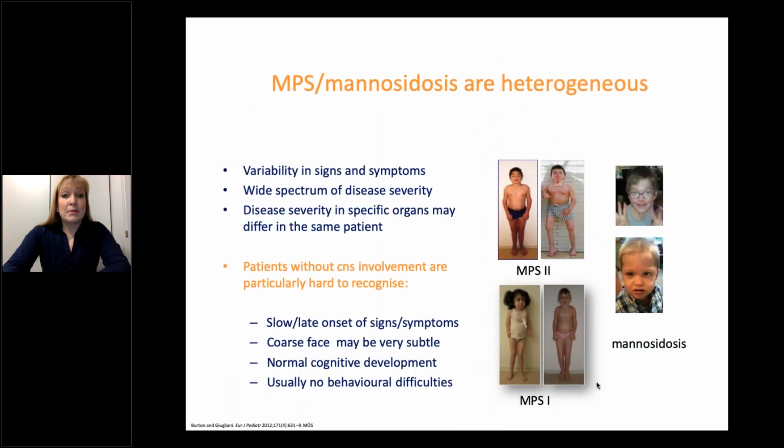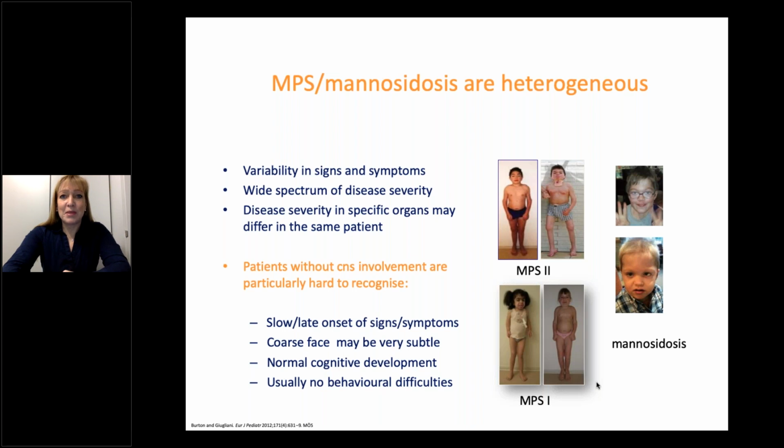I said already, MPS and mannosidosis are extremely heterogeneous, which means there is variability of signs and symptoms. Not all children present all the signs and symptoms that I showed before. They have a wide spectrum of disease severity. I will show you another picture. And the disease severity in specific organs may differ from one patient to the other.